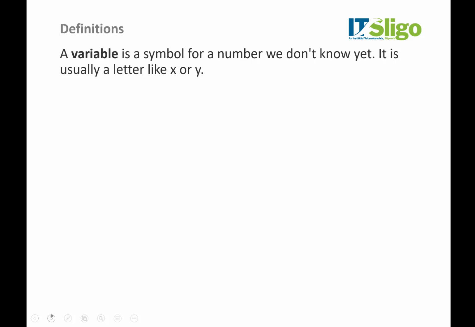First of all, though, we're just going to take a look at a few variables, because I'll be using some of this terminology, so it's good to define what we're talking about. A variable is a symbol. As soon as letters start appearing, we're in the world of variables.